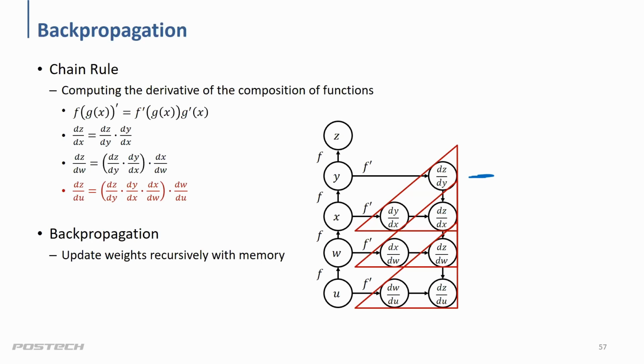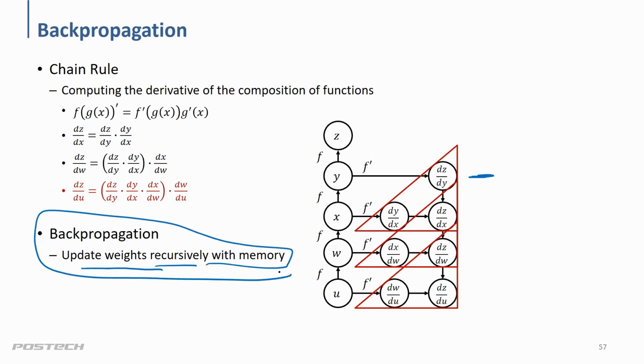Okay. That's how we update all the weights recursively with the memory. So that's the main idea of back propagation, and it's much faster and efficient. And that's how we compute all the gradients. And once we're done, we update it, and that's one iteration.